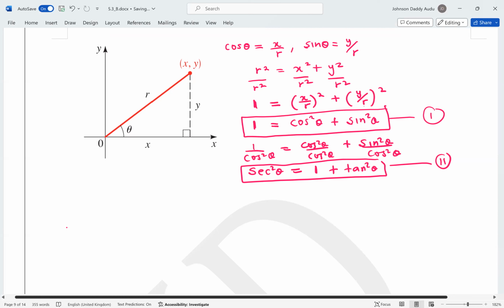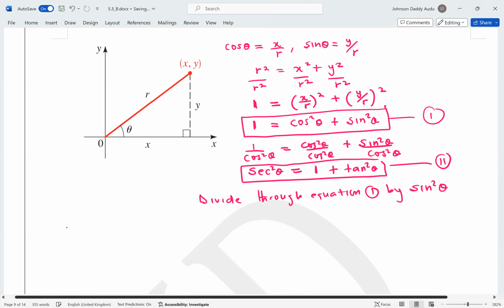So we can say divide both sides of equation 1 by, now we will use sine squared theta.